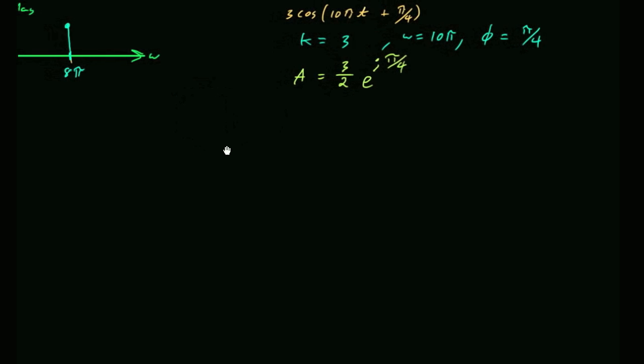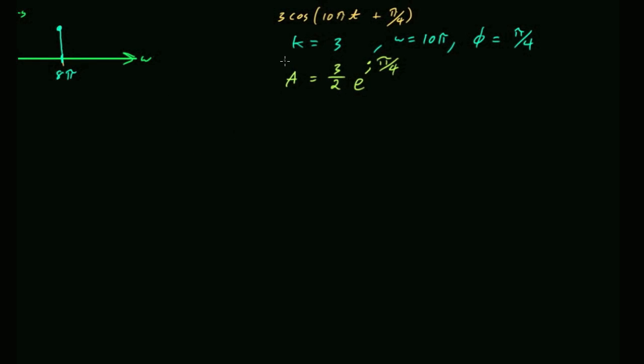When I write this in a complex form, this is going to have a e to the j 10 pi t plus a conjugate e to the minus j 10 pi t. So, where's the first frequency where I have stuff? Let's start with the 10 pi.